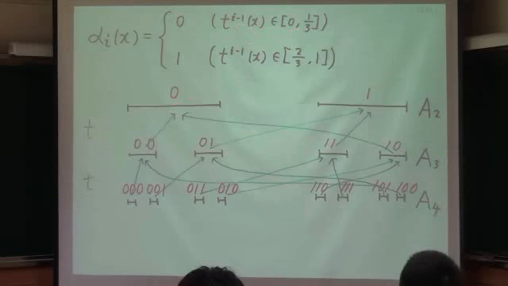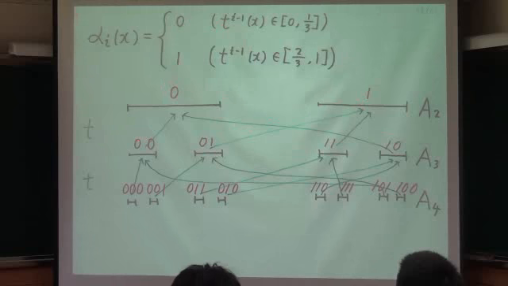So alpha 1 x is 0 if x is in the left part, 0 to 1/3, and 1 if in the right part, 2/3 to 1. So the left half is 0 and the right half is 1.